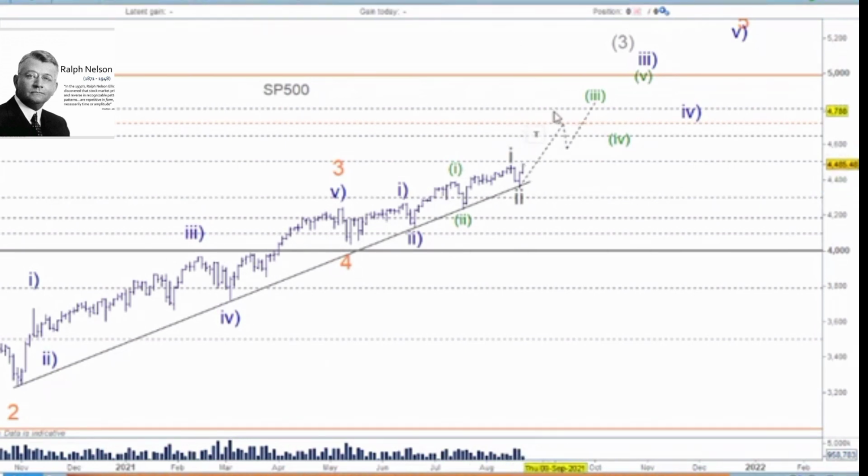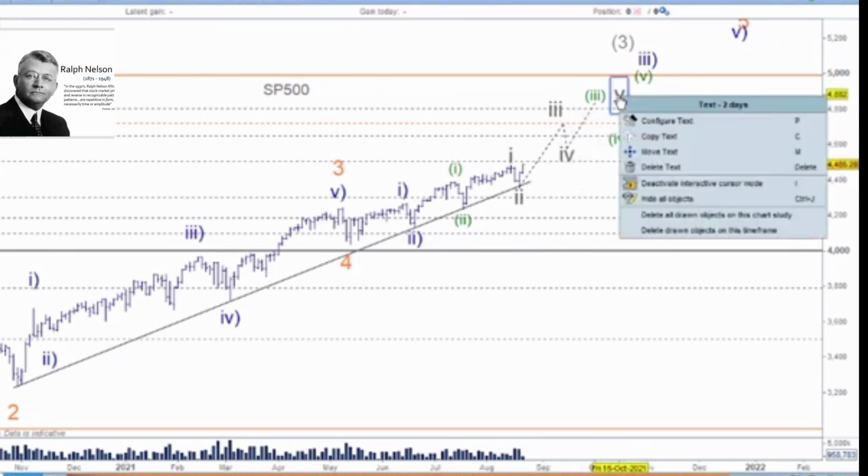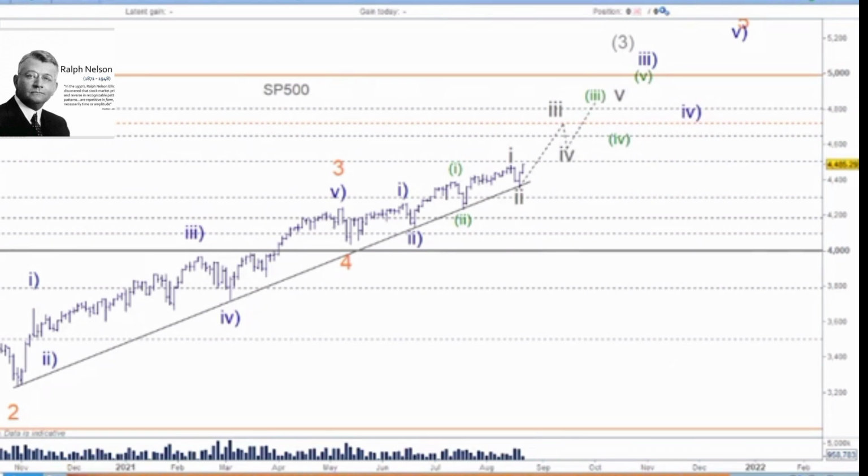But at the same time, the SP 500 has got the 5,000 in view, so that's where we can be heading. I'll adjust those later. So yeah, looking really good. The hurdle is just this 4,500 at that point. Okay, so that's the main point there.